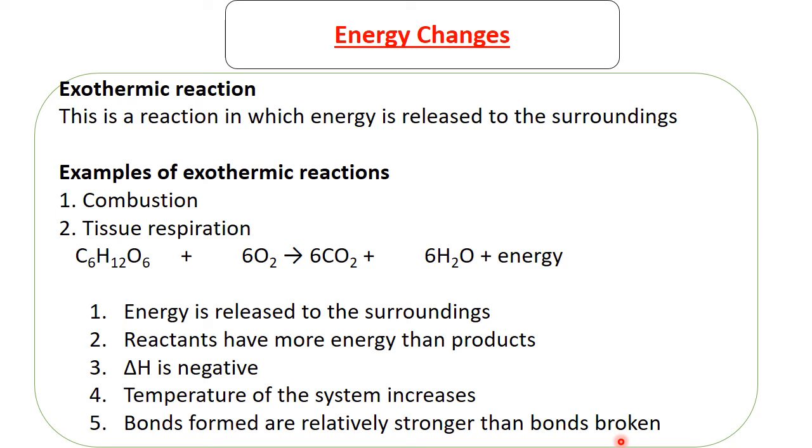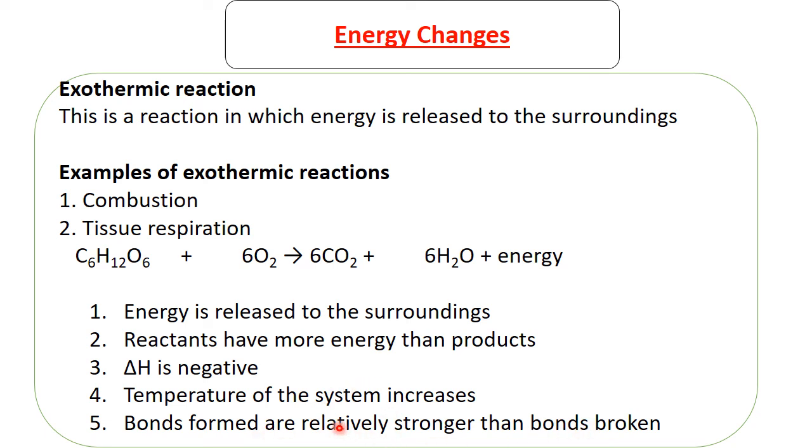An exothermic reaction is usually said to be a bond forming process, while endothermic is a bond breaking process. I didn't want to go into details, but what you should get is that the bonds that are formed are stronger than bonds broken.